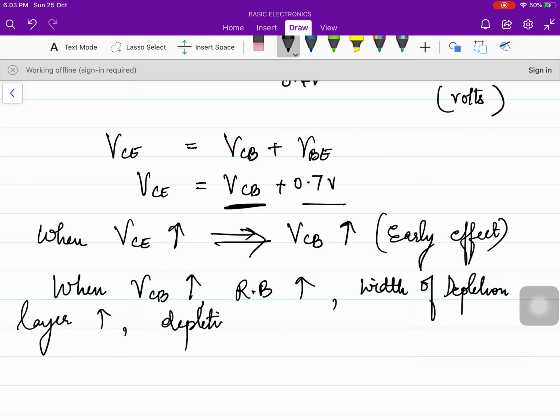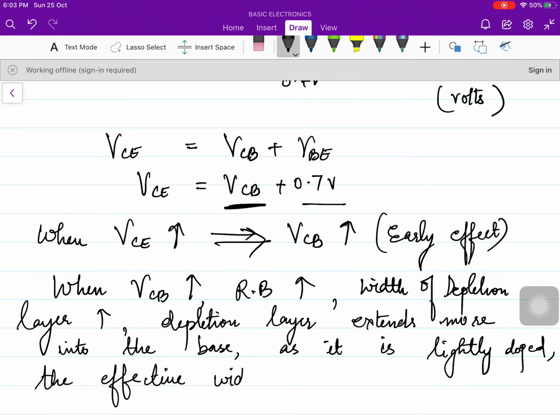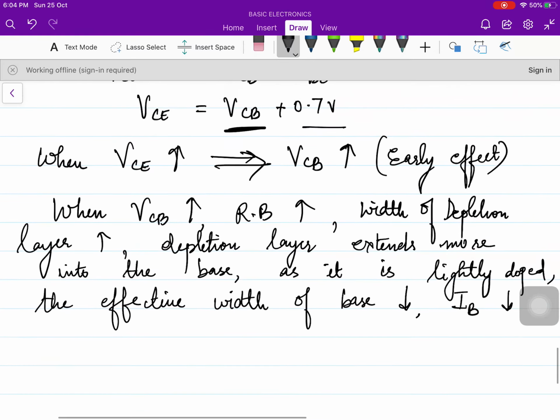The depletion layer extends or penetrates more into the base, as it is lightly doped, and thus the effective width of base decreases. IB decreases because recombination current is decreasing.